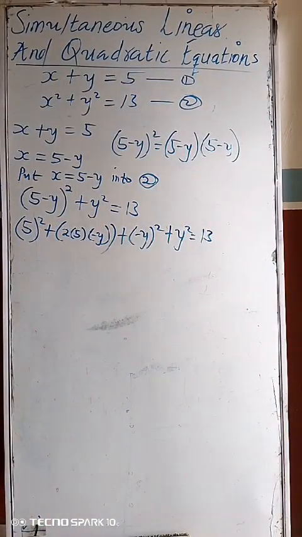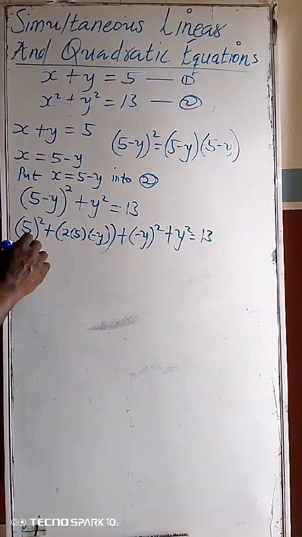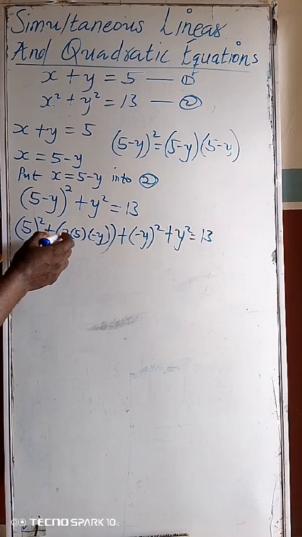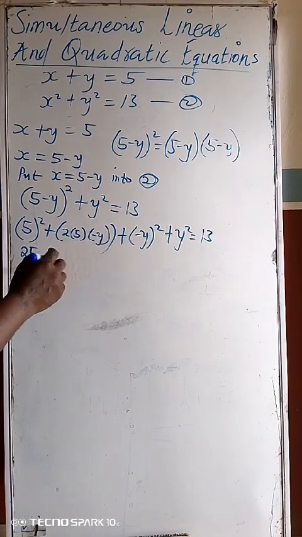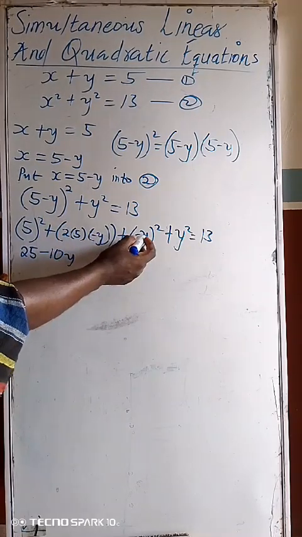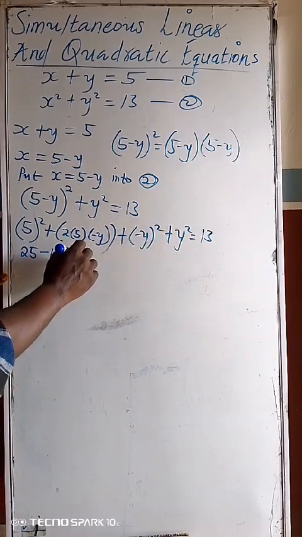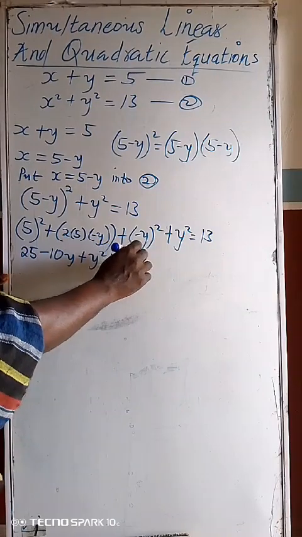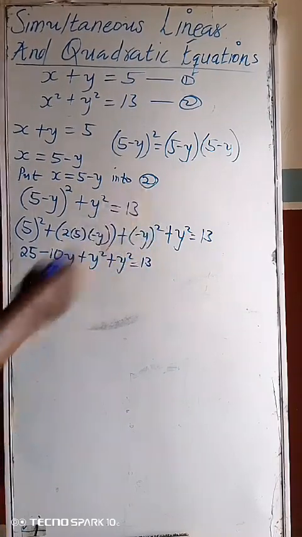So let's keep on moving. 5 squared will give me 25. 2 times 5, 10, times negative y will give me negative 10y. Negative y squared will give me positive y squared, plus y squared is equal to 13.